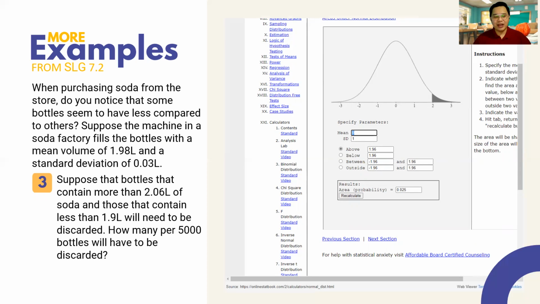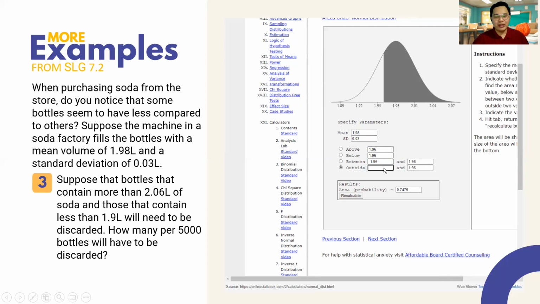All right. Using the same values of mean, which is 1.98 liters, and standard deviation of 0.03 liters, this time we're looking for values that are less than 1.9 but greater than 2.06. So we're actually interested in a region outside those boundaries, right?